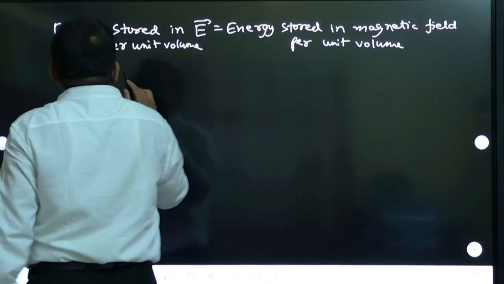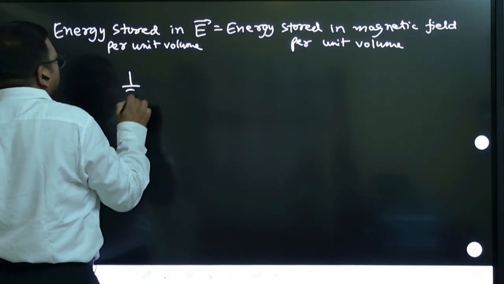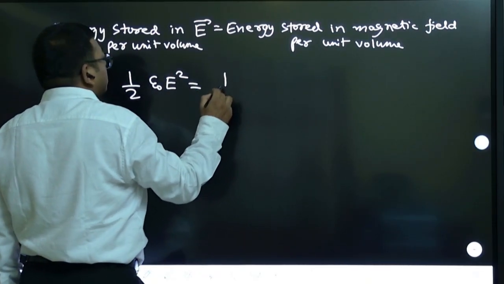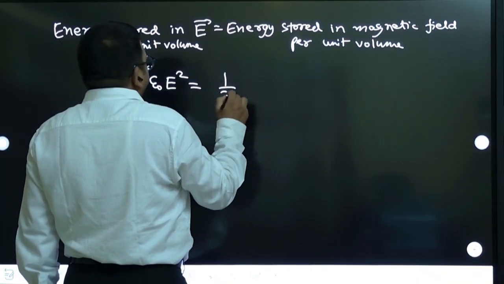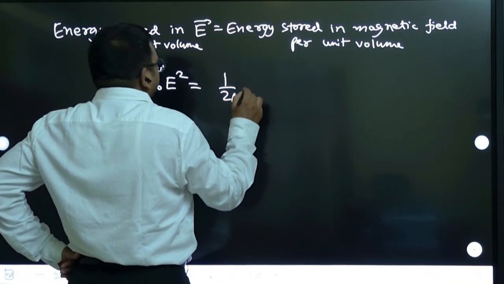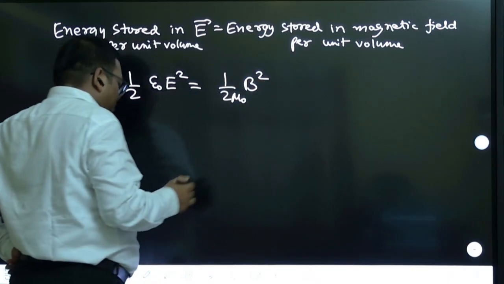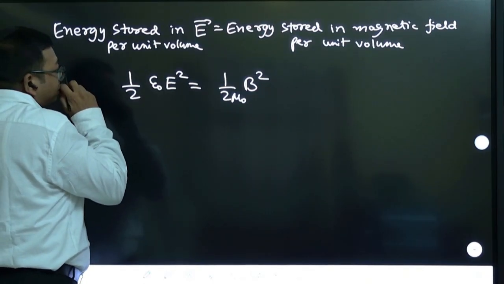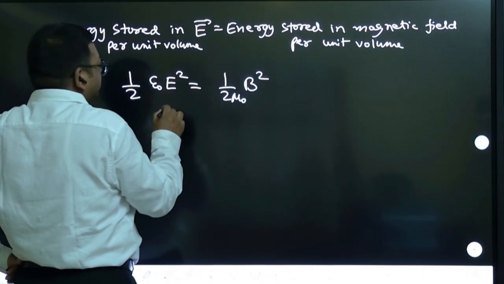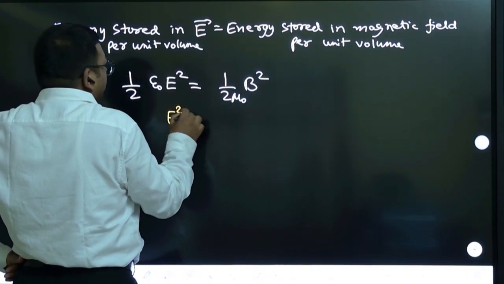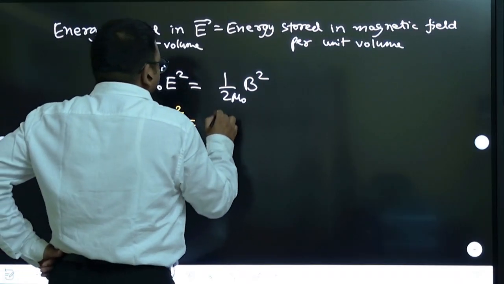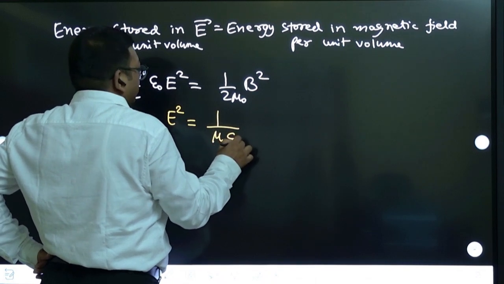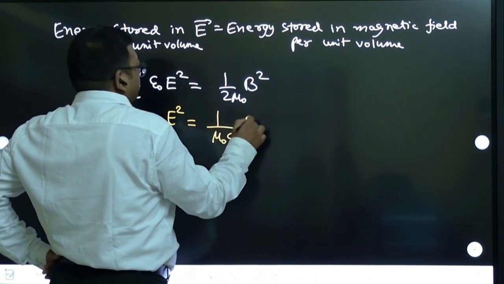If you remember, energy stored in the electric field per unit volume is half epsilon naught E square, and here it is 1 by 2 B square by mu naught. Do you remember that? This formula you have studied. Half half will get cancelled. E square is equal to 1 by mu naught epsilon naught into B square.